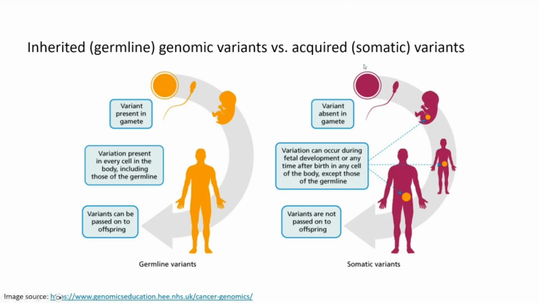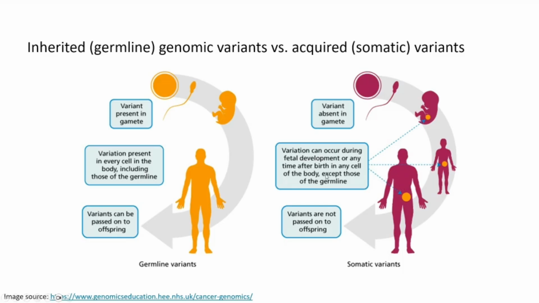And then another type is somatic variants. This one originally is not there in the body, but throughout the development process, some of the cells might start to have variations or mutations occurring. These variations normally will be at certain parts of our tissue or certain parts of the body.